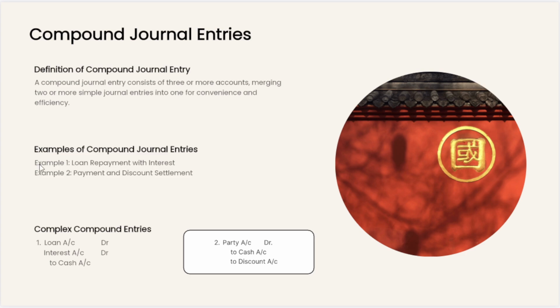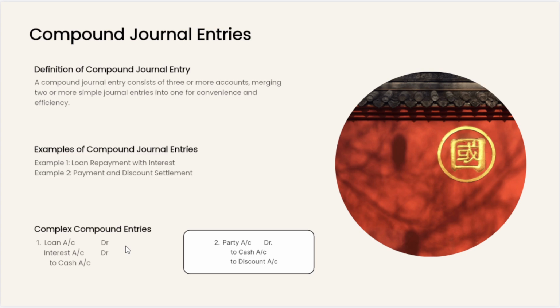Here I have given other examples. Example one: loan repayment with interest. Example two: payment and discount settled. In the first, the loan account: we repaid the loan, and loans generally show a credit balance, so now we are repaying, it is debited.